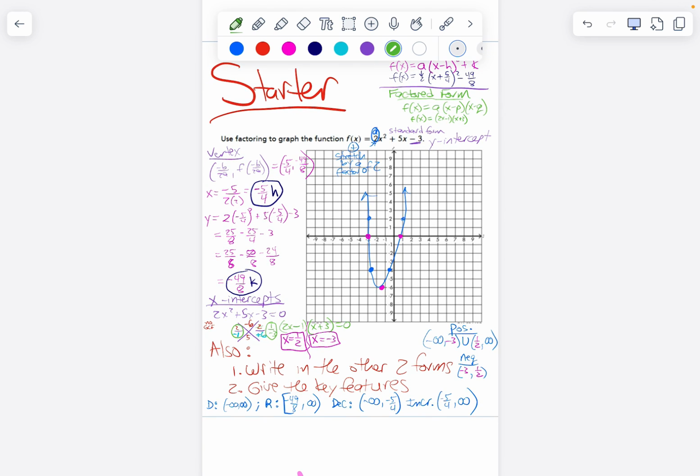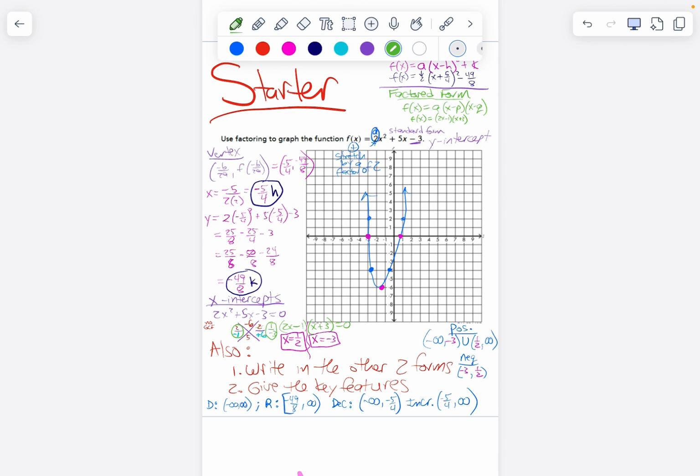But it covers factoring, it covers solving, it covers key features, it covers what x-intercepts are and how we find them, at least in standard form and factored form. We didn't do it in vertex form, so that's something that's different. It covers finding the vertex in standard form. So that's most of it.